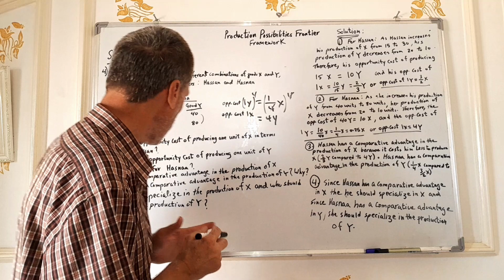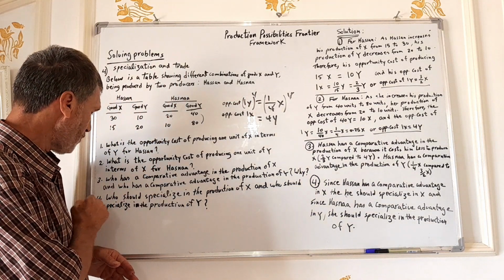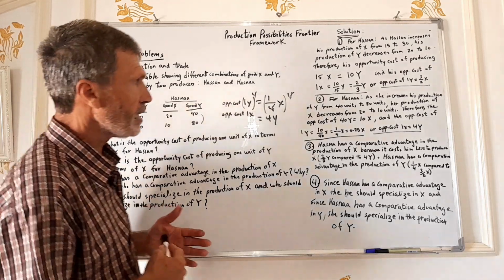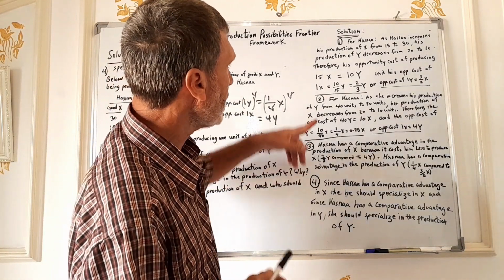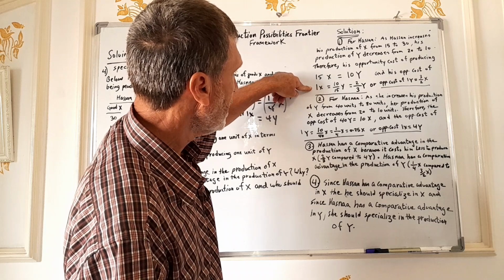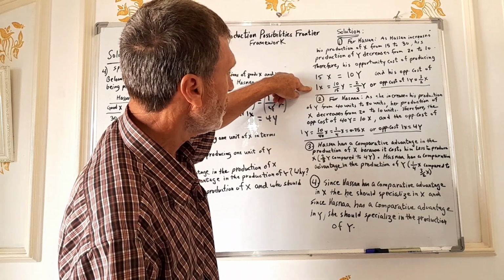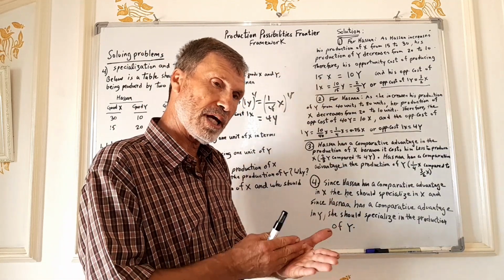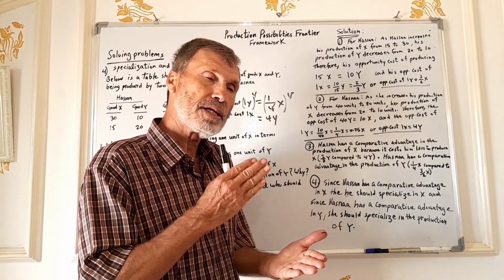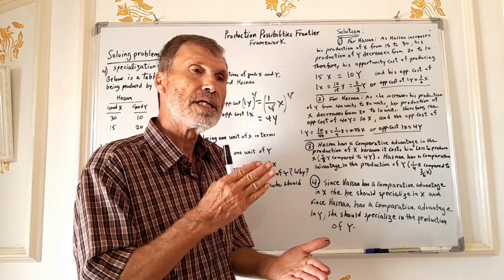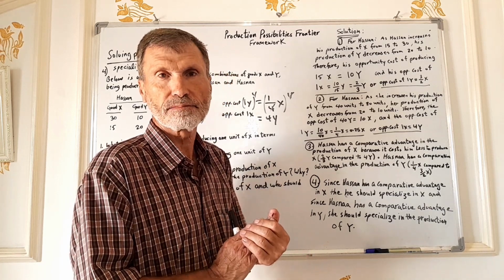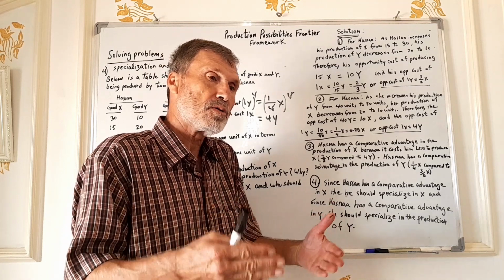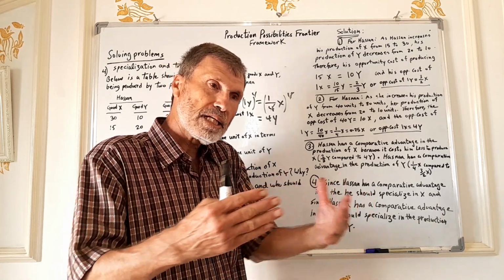Now, we move to question 4. Who should specialize in the production of X? We said that Hassan has a comparative advantage in X. If he has a comparative advantage in X, then the economist says he should specialize in the production of X, because he is able to produce X at a lower cost.